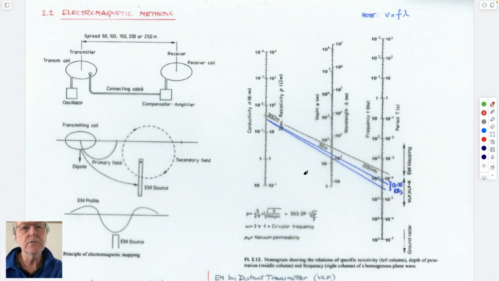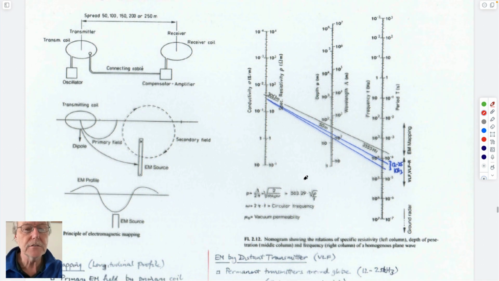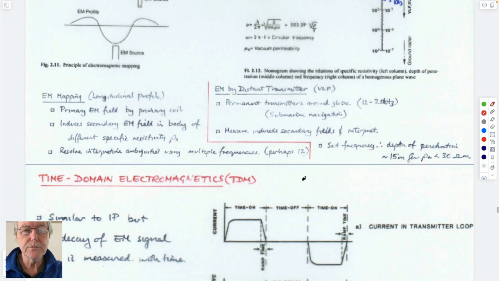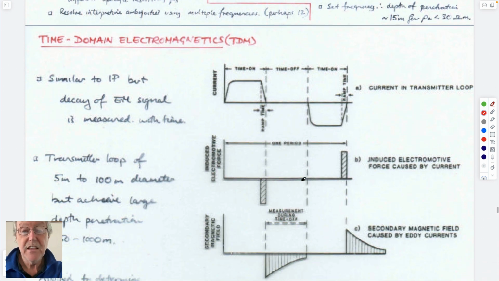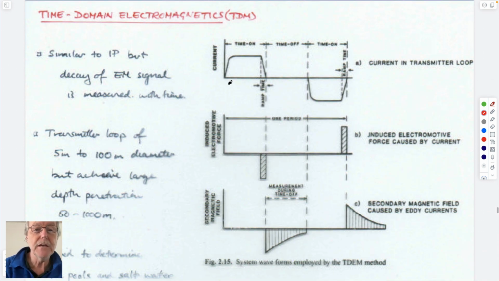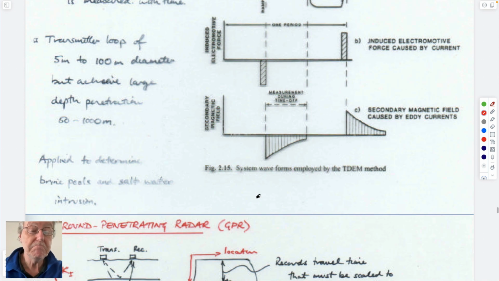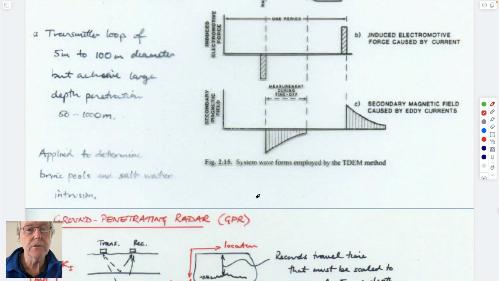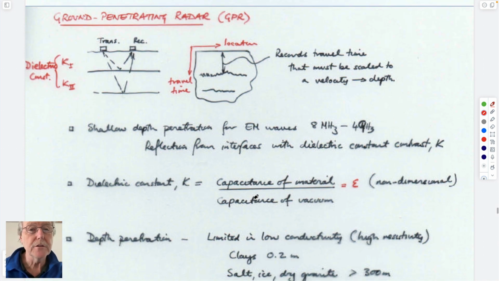Again, they're not really used in environmental geophysics, and so I won't talk about those. And again, time domain electromagnetics are the same. You turn on a current, turn it off, and you look at the decay of that current in another body. So they're not used very much. So geoelectric methods we talked about.